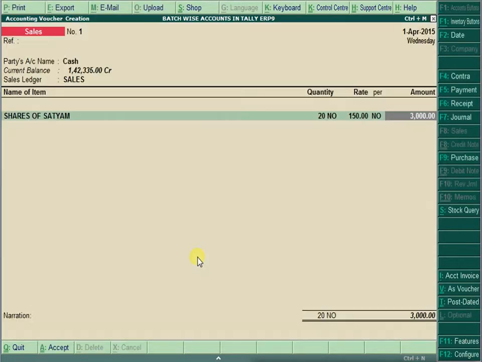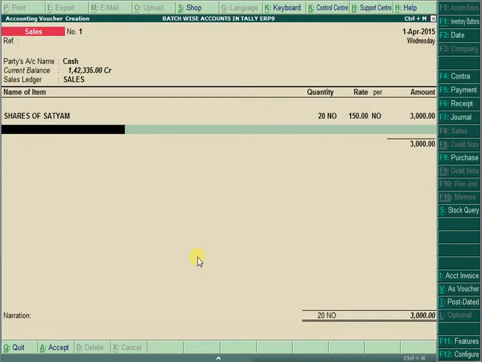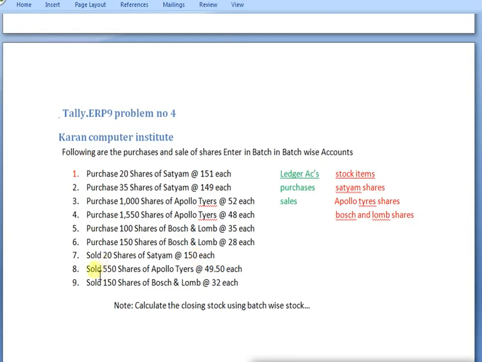And the same for all. Next we are selling Apollo tires at 49.50. We purchased two times, each one 52 and each one 48. Now the rate is 49.50. For that we should select this batch, then we can get 1.50 paisa profit.